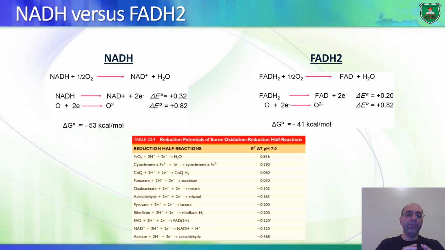Rather, you have buildup of the electrochemical gradient across the inner membrane of the mitochondria, so that this energy that accumulates across the inner membrane can be converted into biochemical energy in ATP molecules.